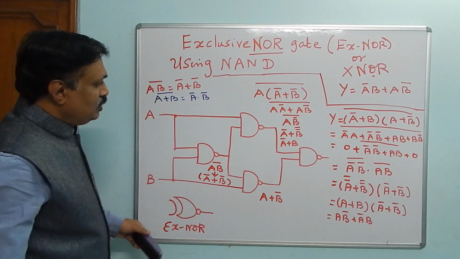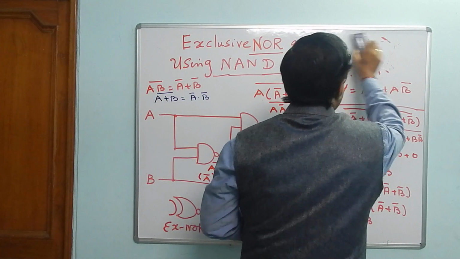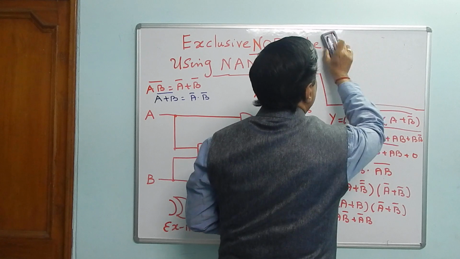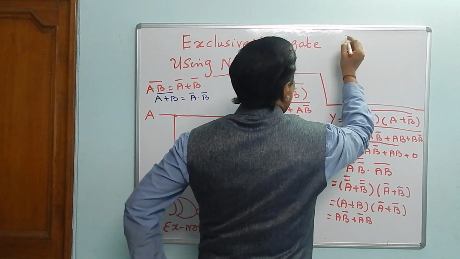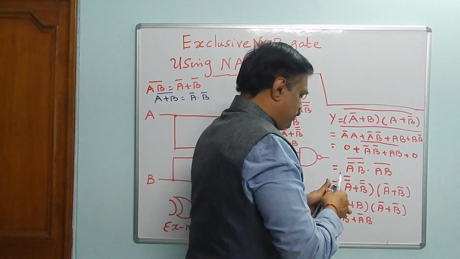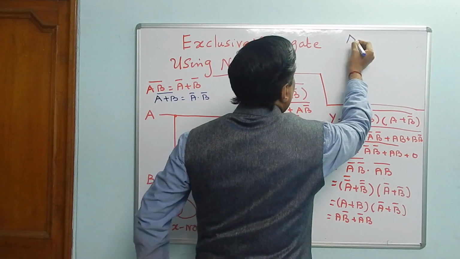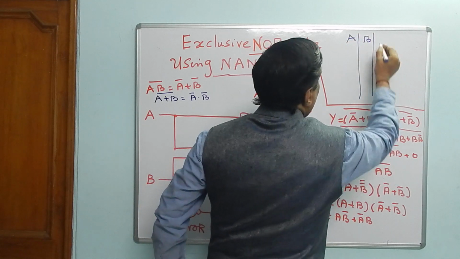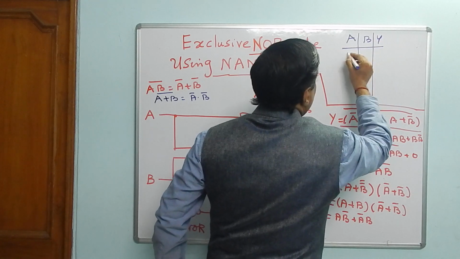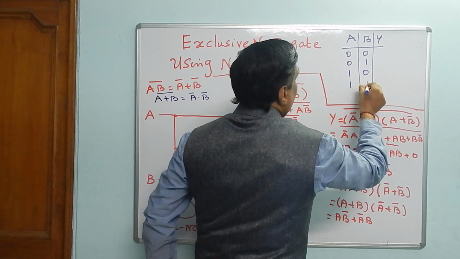Now the truth table for this I will draw here. Two inputs, A input, B input, Y output: 0 0, 0 1, 1 0, 1 1.